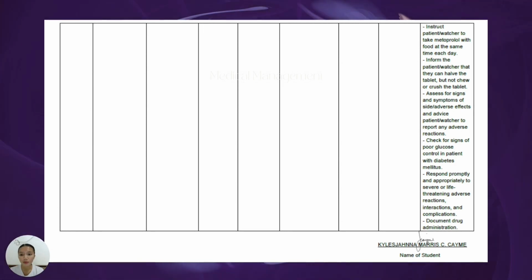And then we have to check for signs of poor glucose control in patients with diabetes mellitus so that we are able to respond if there is poor glucose control.